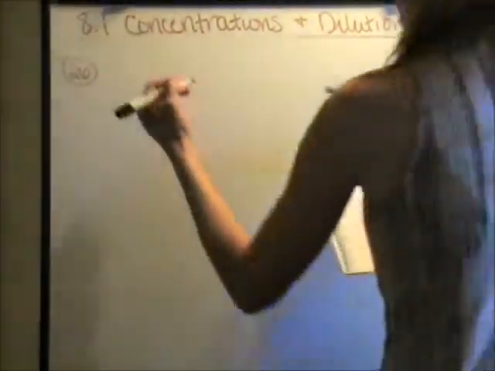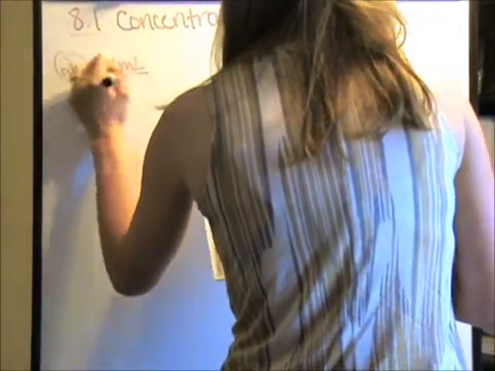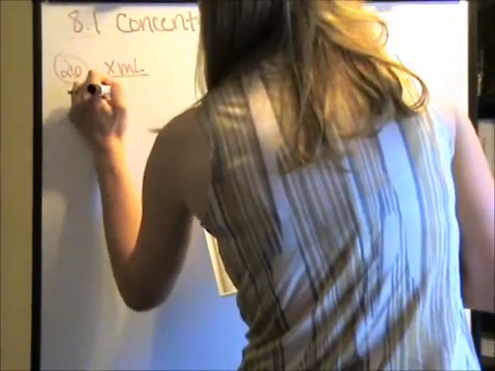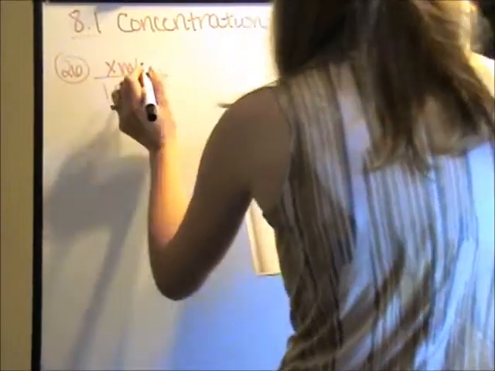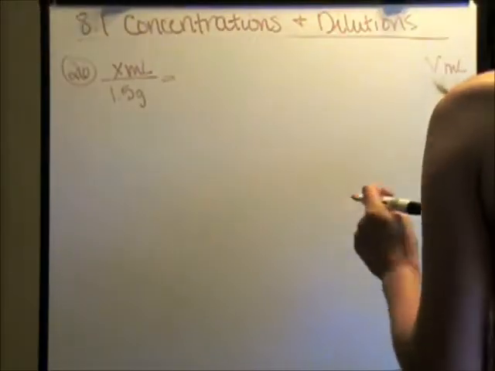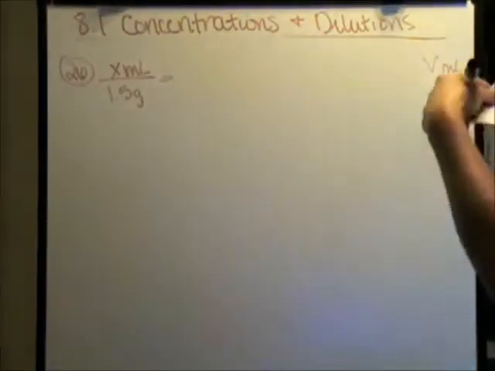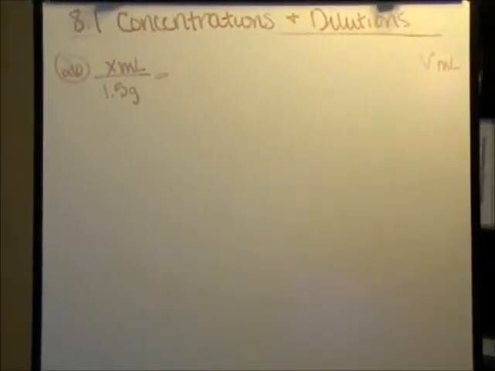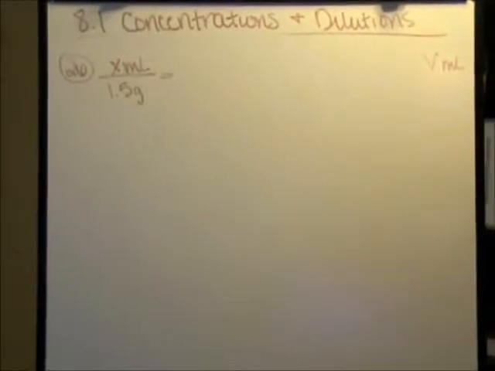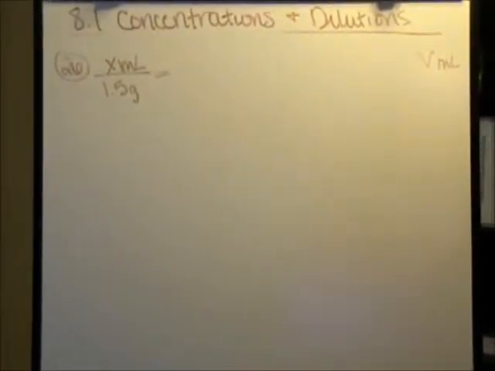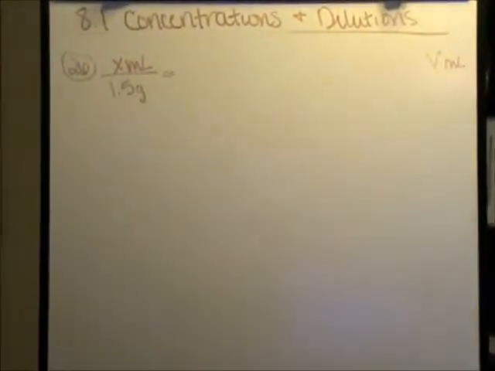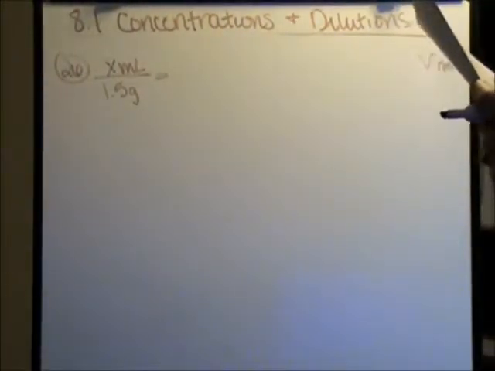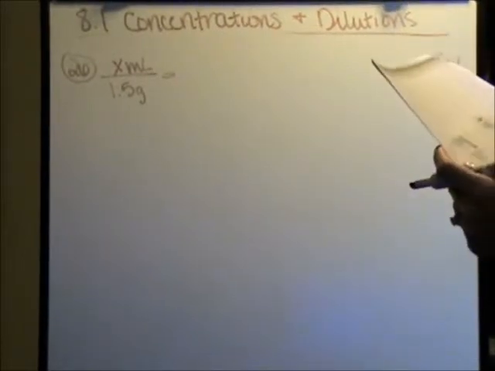Okay, so we're solving for volume. X is going to equal milliliters. We know the desired amount of the drug is 1.5 grams. And if we look at the label, it says 10 grams, but we don't see milliliters anywhere, so you have to look at the label very closely. And if you turn it to the side, it says each 5 ml of the resulting solution contains 500 milligrams of vancomycin, and each 10 milliliters of the resulting solution contains 1 gram of vancomycin.